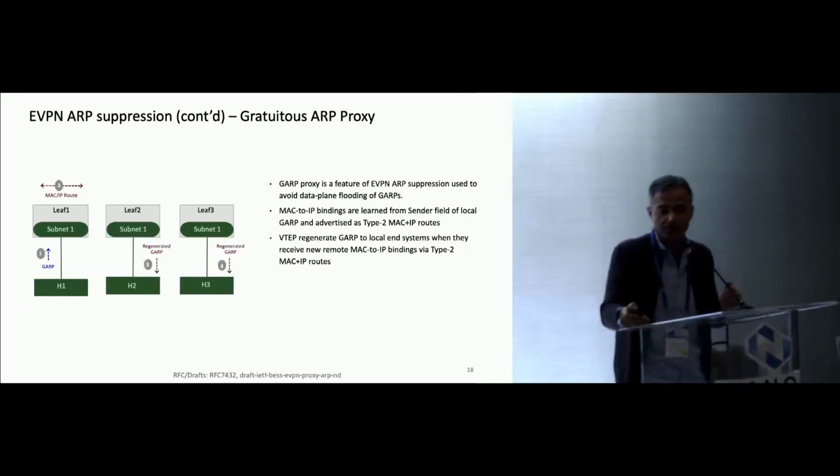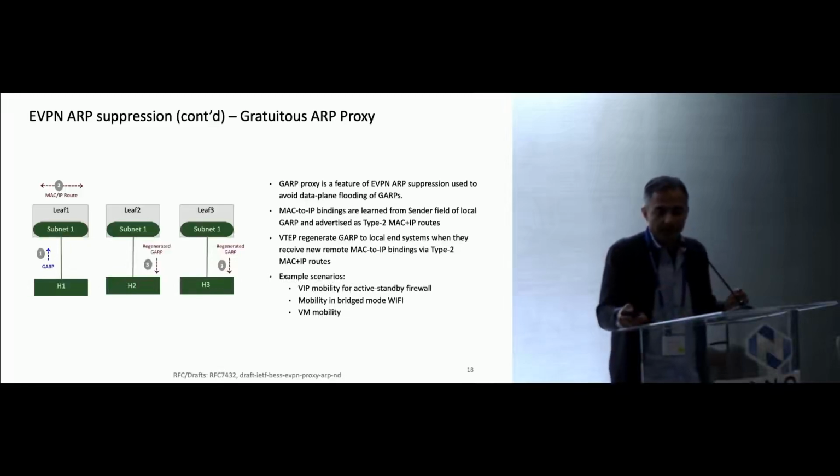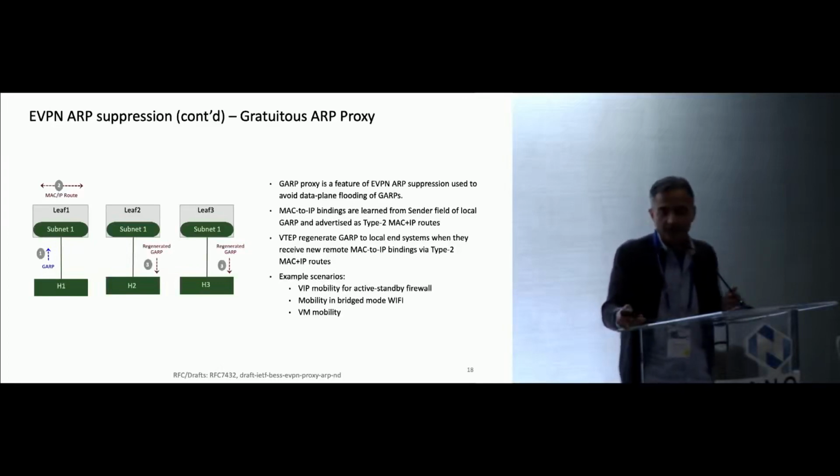So this is actually not a problem in modern operating systems. And we'll use this in our examples section for something interesting. VIP mobility, mobility in bridged mode, Wi-Fi, VM mobility, all of these use gratuitous ARP quite liberally.